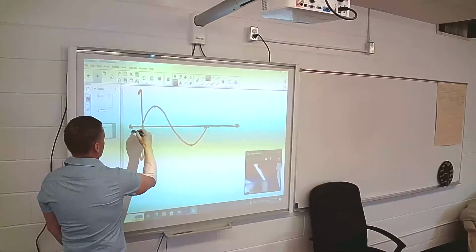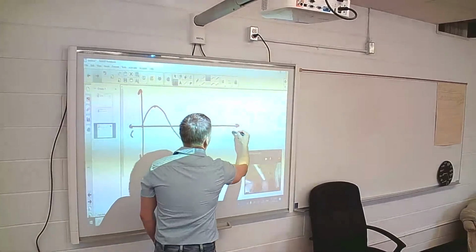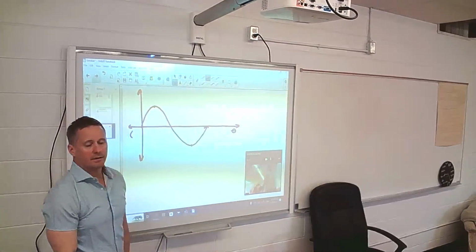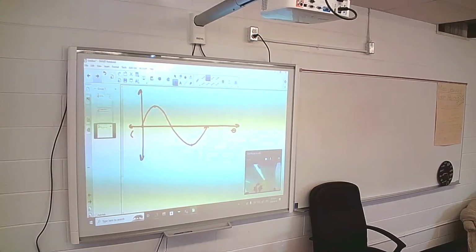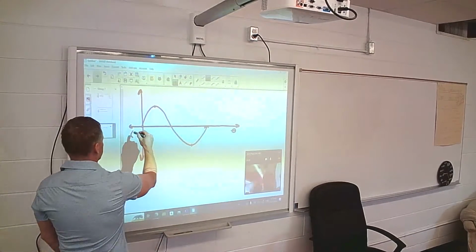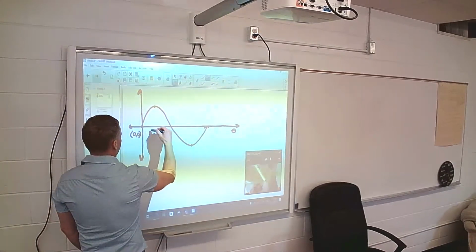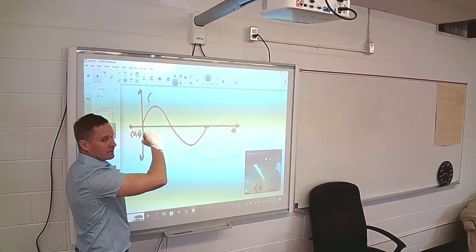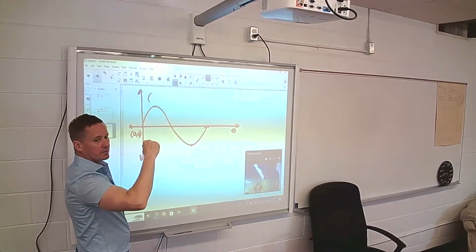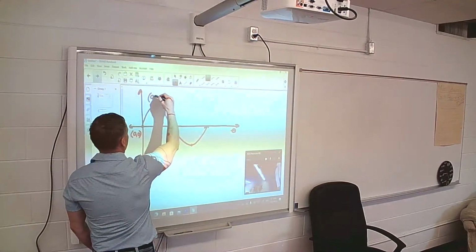So this part of the graph right here represents your x axis, which is actually your degrees. Or sorry, not your radians, your angle. Okay? So this coordinate here is 0 and 0, right? What's this coordinate right here? 90 and 1. Yeah.